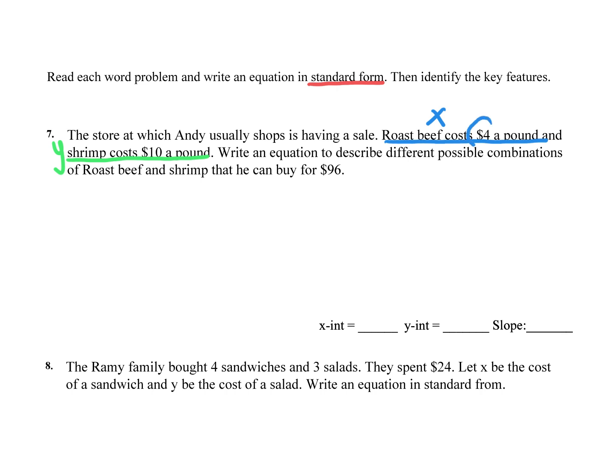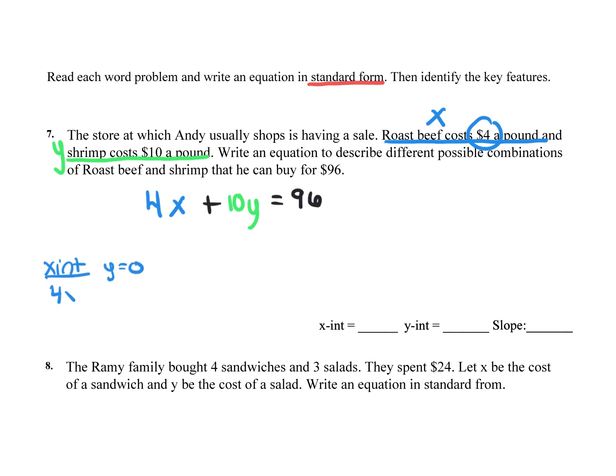So my roast beef is $4, so $4 times X plus my Y is $10 a pound, so 10y is going to equal my 96 total that I can spend. So there's my equation in standard form. If I want to find the x-intercept, you'll let y equal 0.